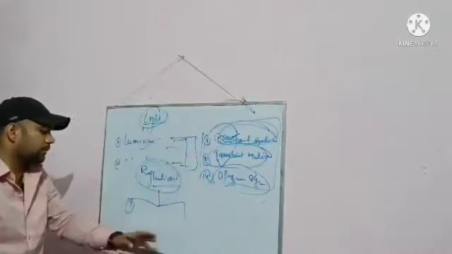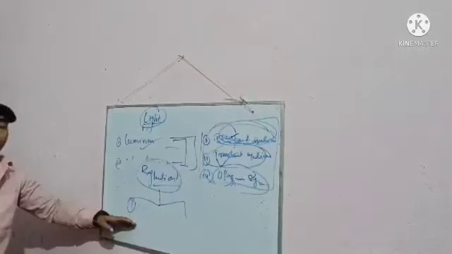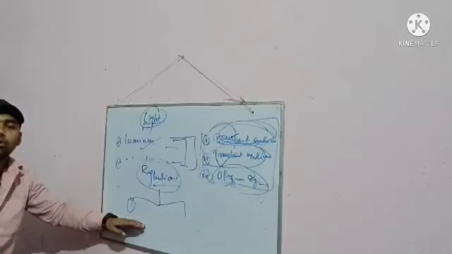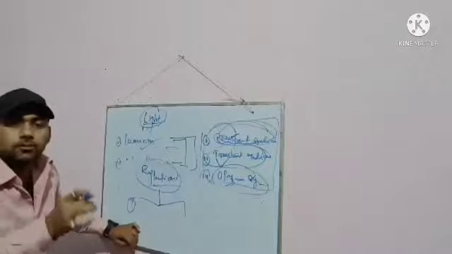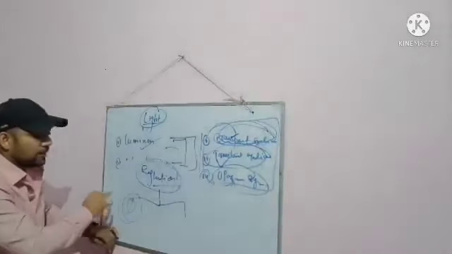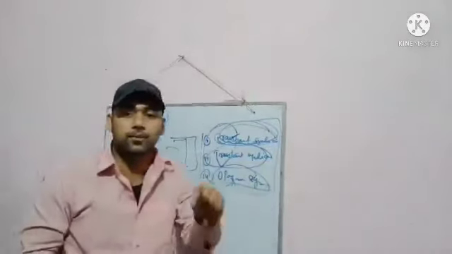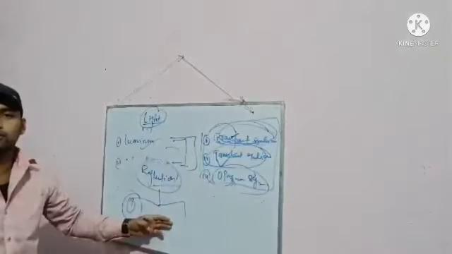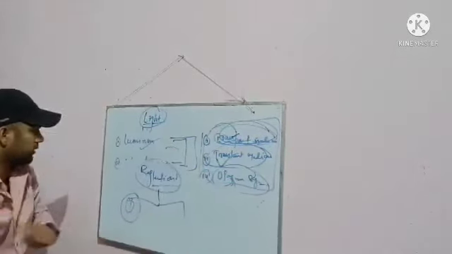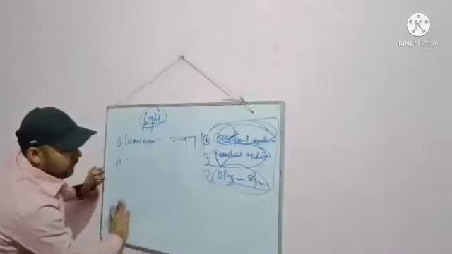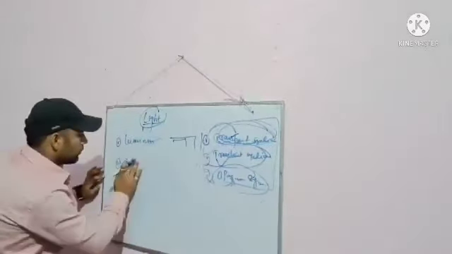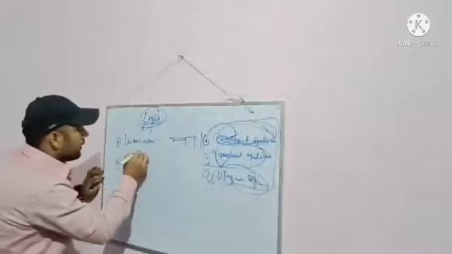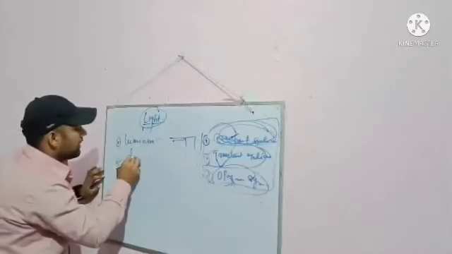Now we are going to discuss what is regular reflection. The reflection from a plane surface, a smooth surface, is called regular reflection, and the reflection from a rough surface is called irregular reflection.